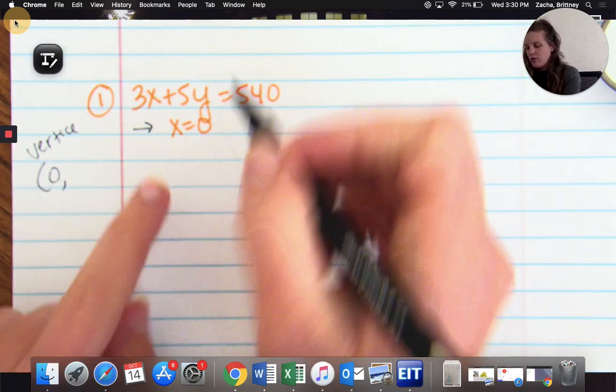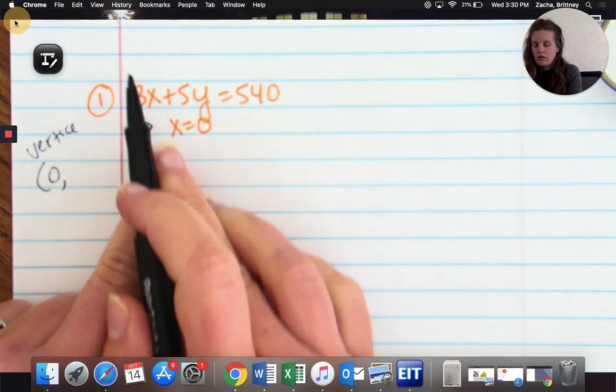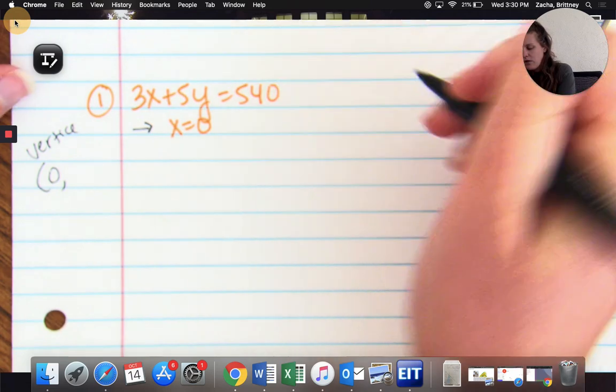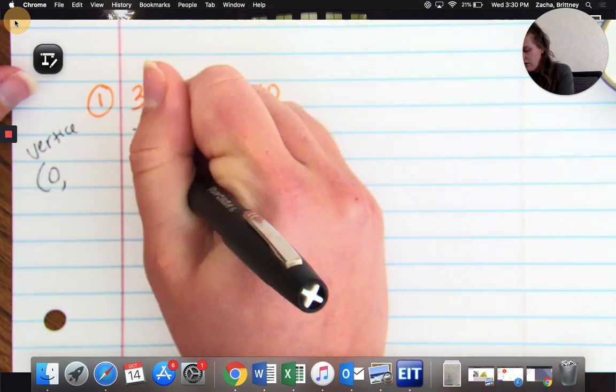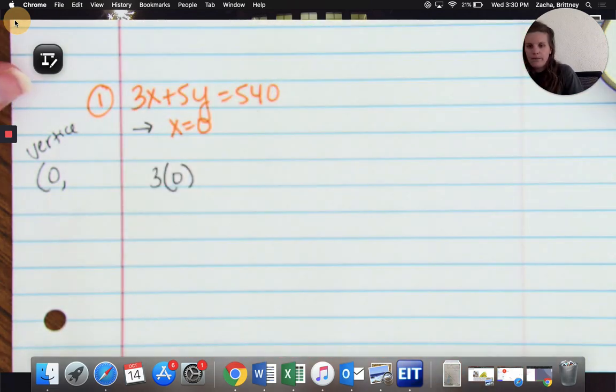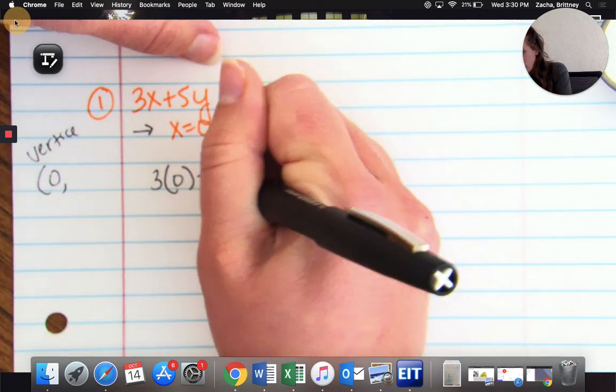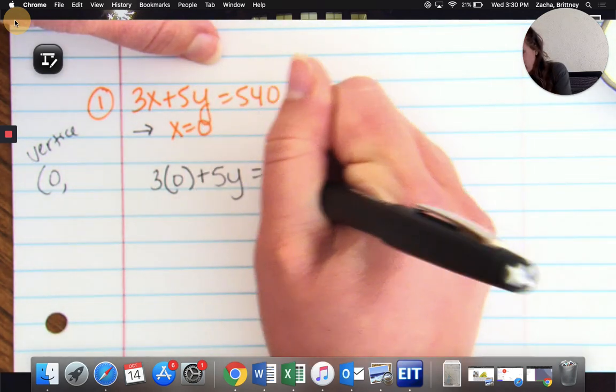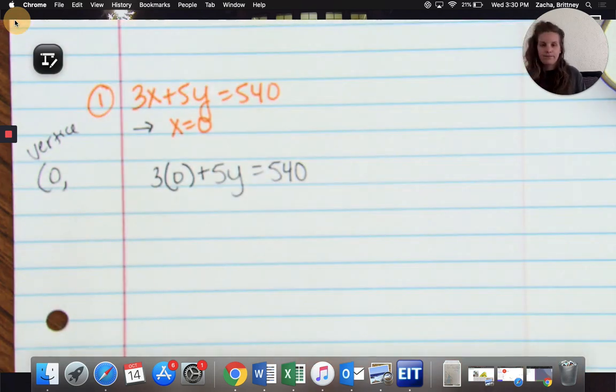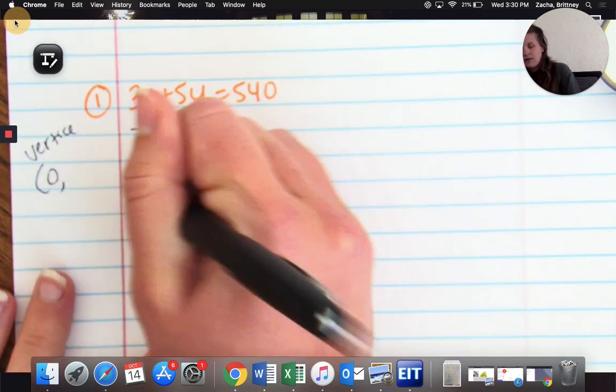So what you can do is substitute this into your first equation. So you'll have 3 times 0, so you're substituting that in for your x, plus 5y equals 540. So you're using substitution, right? So then 3 times 0 is 0.